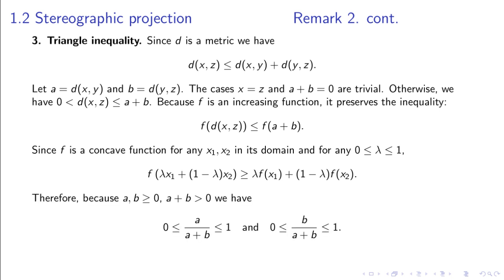Apply this with x1 equal a plus b, x2 equals 0, and lambda equal a over (a plus b). Because a and b are non-negative and a plus b is positive, this lambda is between 0 and 1.